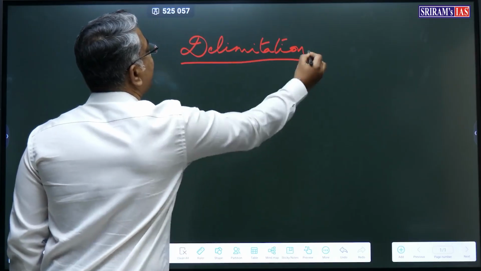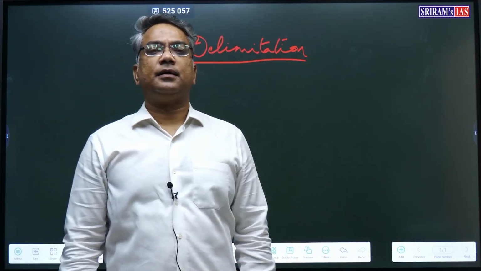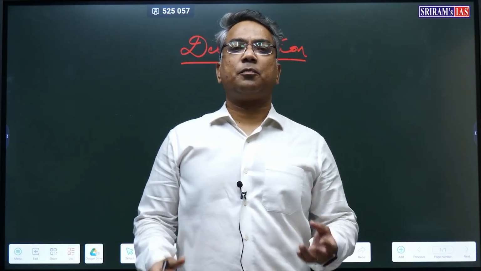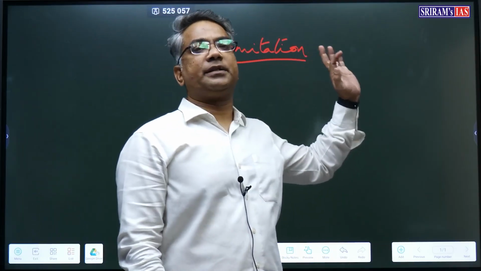What do you mean by delimitation? Okay, as you all know, delimitation is a decennial exercise supposed to be carried out after every census. So, what do you mean by delimitation?